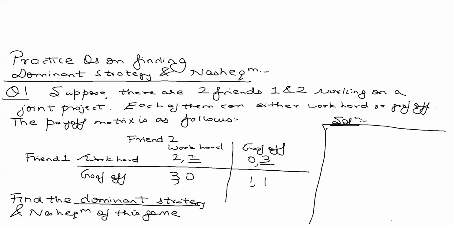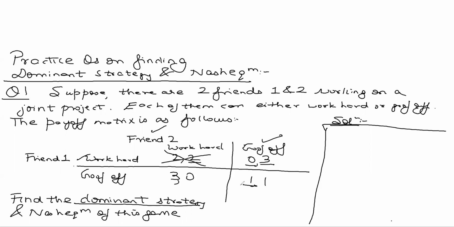That means this is not the Nash equilibrium, because when friend 1 works hard, friend 2 will not work hard. Friend 2 will goof off. Let us see, is work hard, goof off a Nash equilibrium or not? When friend 1 works hard, friend 2 goofs off. But when friend 2 goofs off, what will friend 1 do?